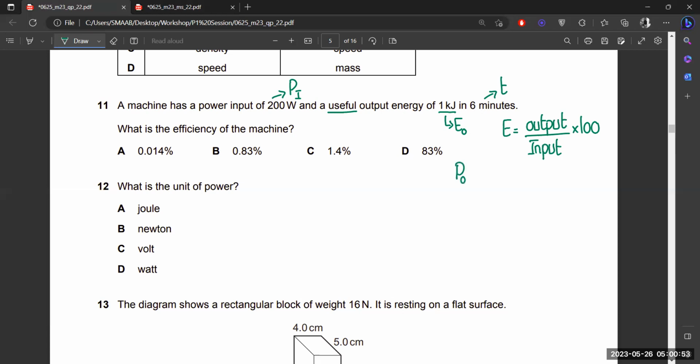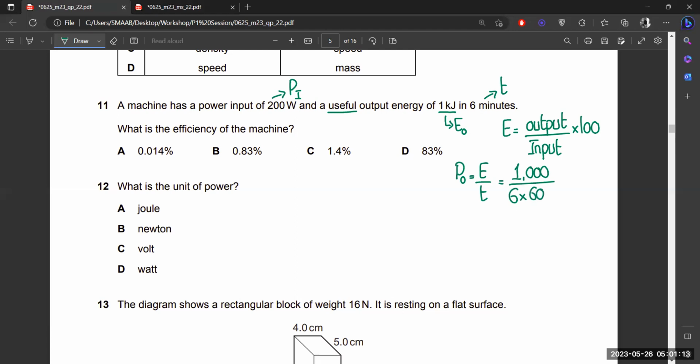The output power will be equal to the rate of change of energy. So 1 kilojoules, 1 kilo means 1000 joules, divided by time. And time is mentioned in minutes. We need to convert into seconds, so we multiply it by 60.